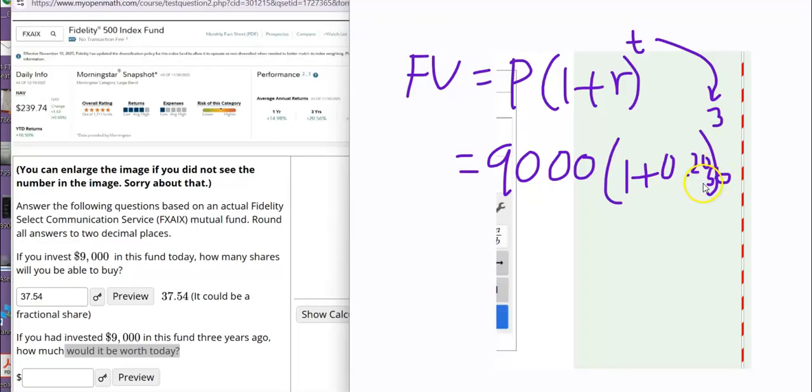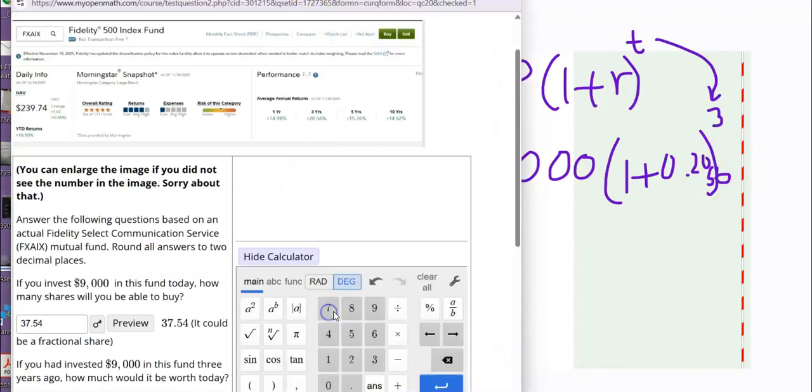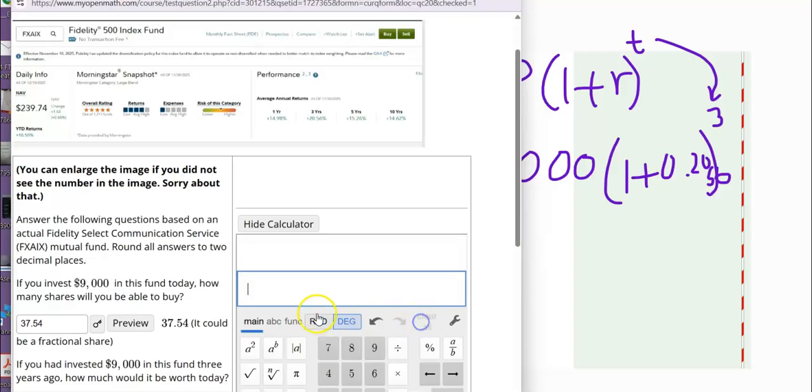Okay, so I'm going to put that in the calculator directly. It's going to be 9,000 times 1 plus 0.2056, to the power t, and it's 3 years.